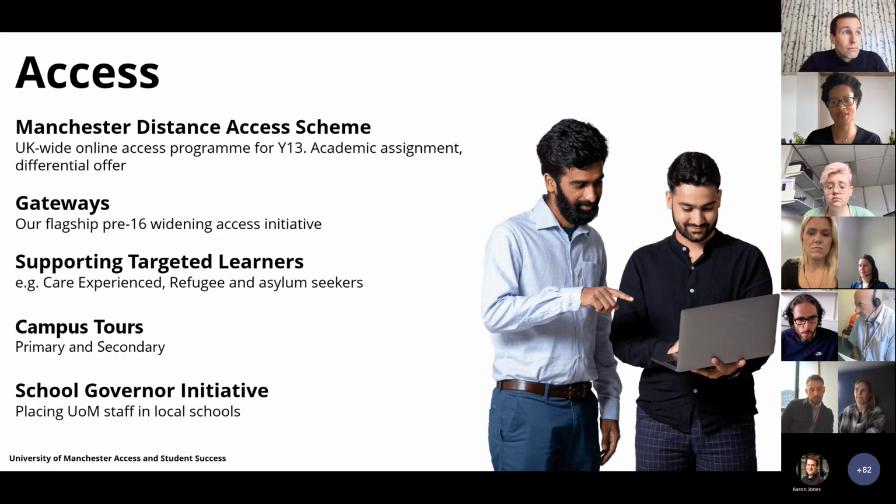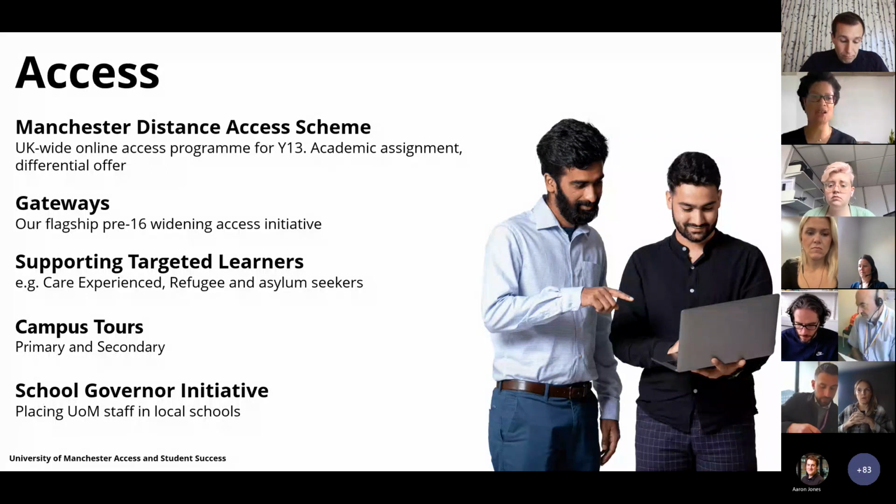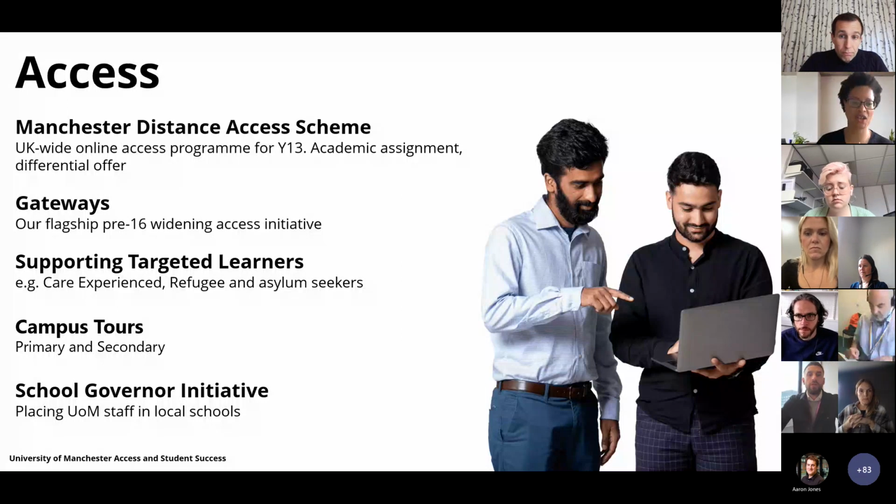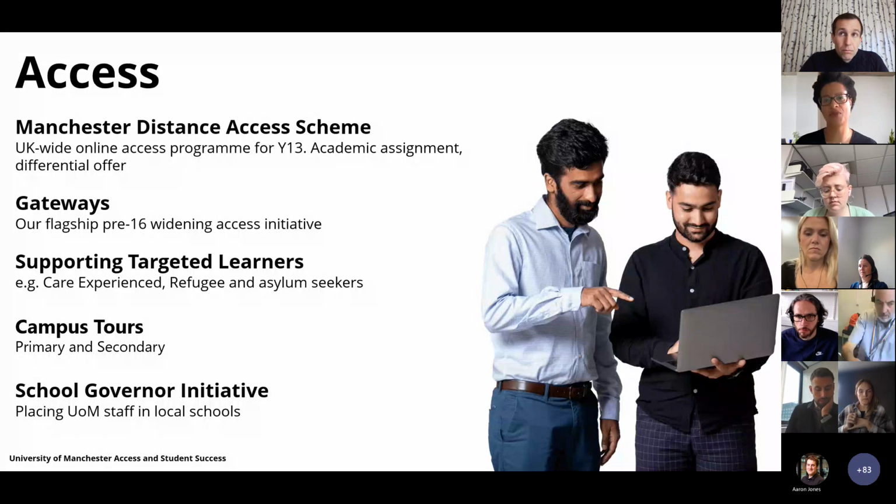For example, computer science, their minimum entry tariff is 3 A stars, that's the minimum. So for students from underrepresented groups taking part in our interventions such as MDAS, Manchester Distance Access Scheme, or taking part in MAP, Manchester Access Programme, successful completion of that programme can give them a differential offer, which can make the difference between accessing Manchester or not at all.